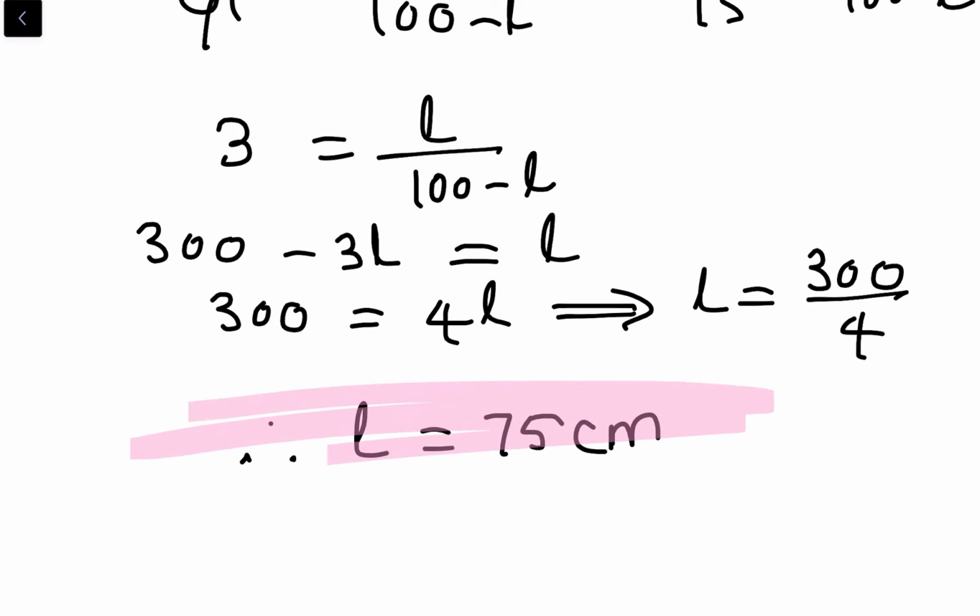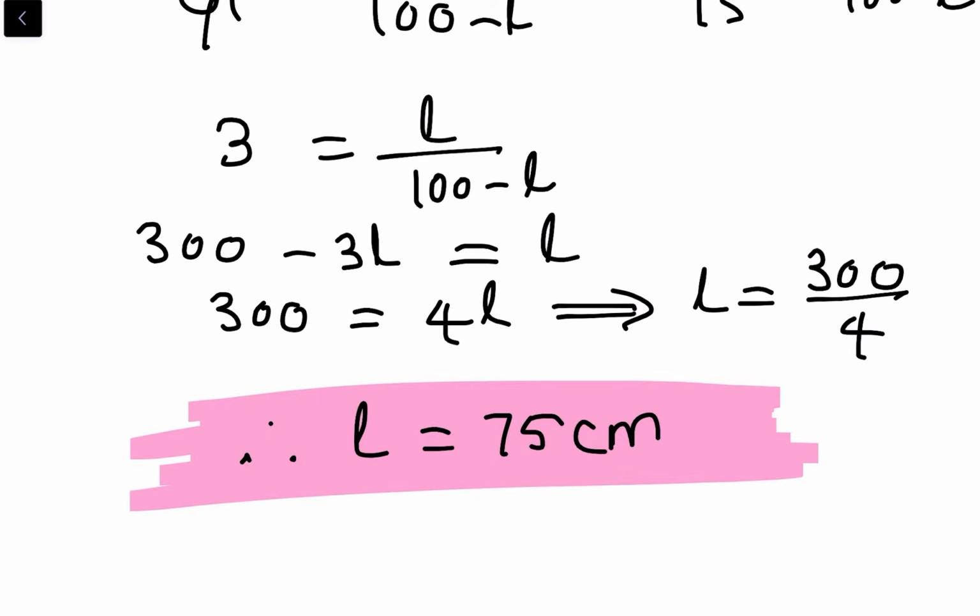So this is the answer for the last part of the problem. Because they asked finally when y is connected with a parallel resistance of 30 ohms, where will we get the null point? Therefore L is equal to 75 centimeters.